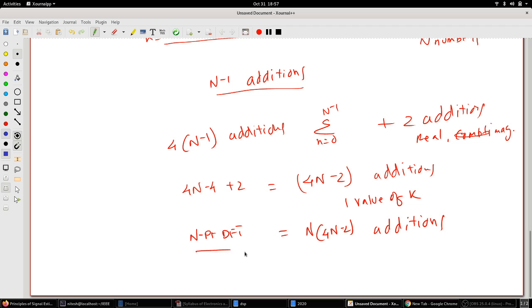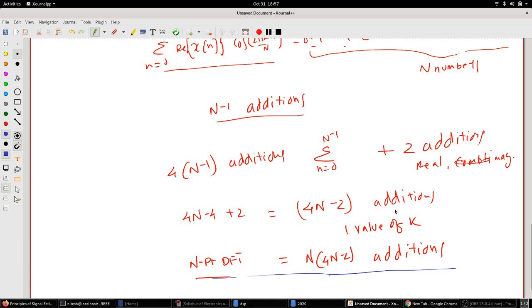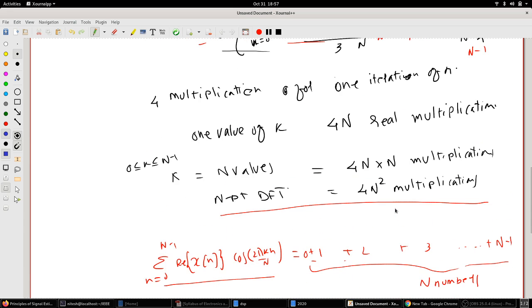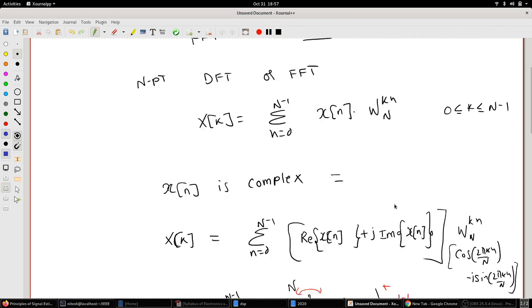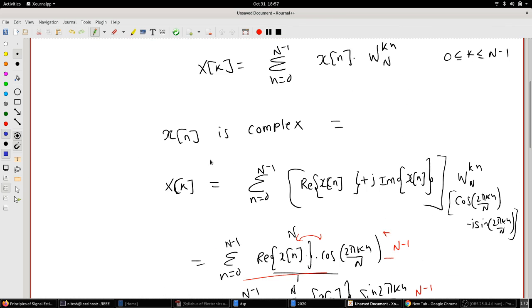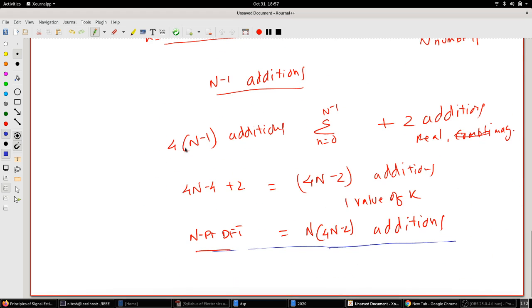So this is the second finding that you have when you are doing your DFT calculations. So if you go the conventional route of having this formula, even this is true for the matrix part also.